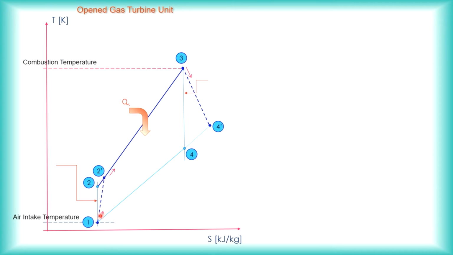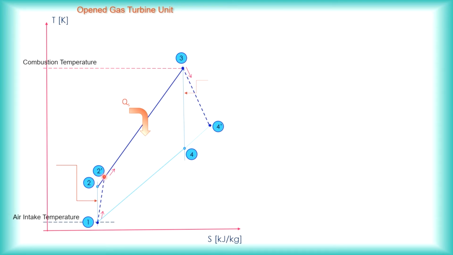For an irreversible process, we usually use a dashed line to represent it. A solid line usually refers to a reversible process, and a dashed line refers to an irreversible process. So this is due to the irreversibilities caused by internal friction.